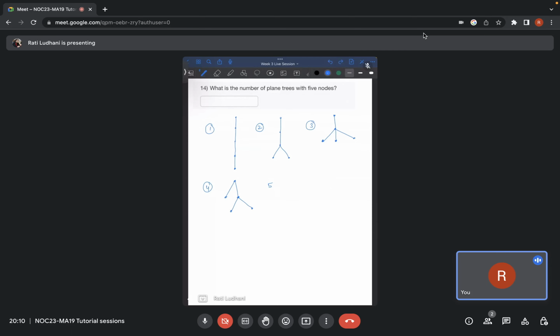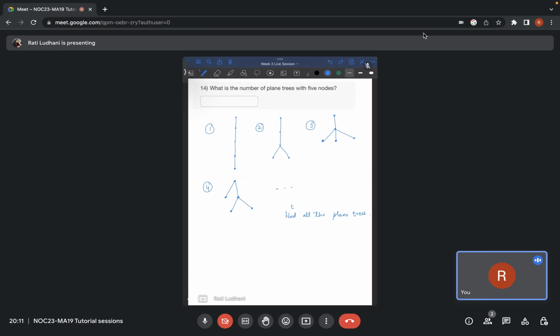Similarly, go on and try to find all the plane trees. This is an exercise.